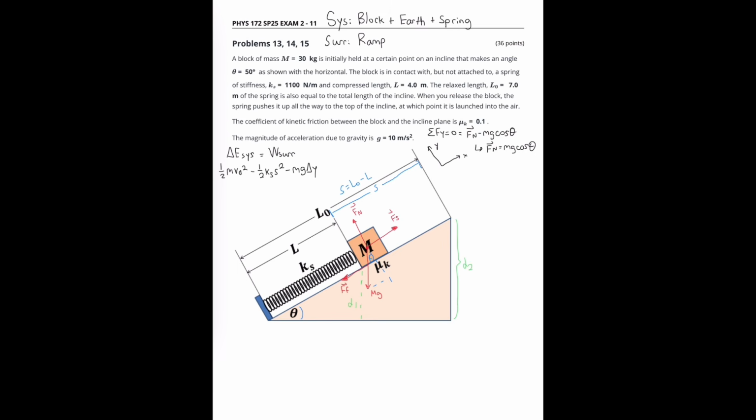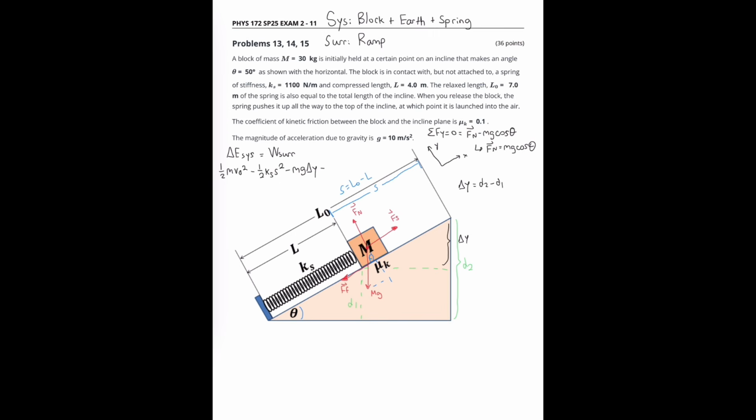Now, our change in y, delta y, is going to be this distance here. So basically, delta y, the change of height, is equal to our final height d2 minus d1.